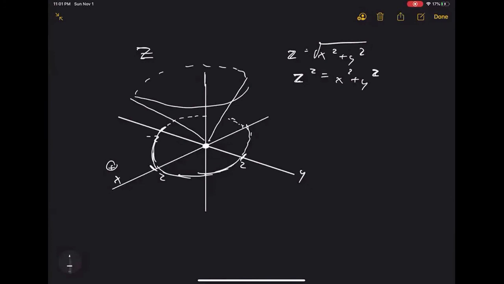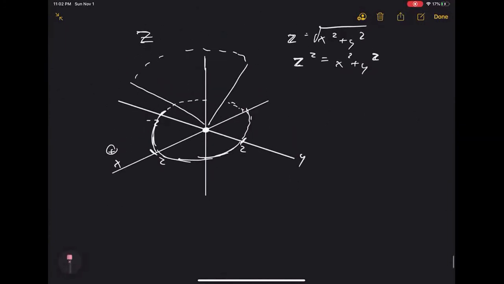Okay, so that's the curve. So z squared equals, yeah, that looks good to me. And then our z points are greater than that.